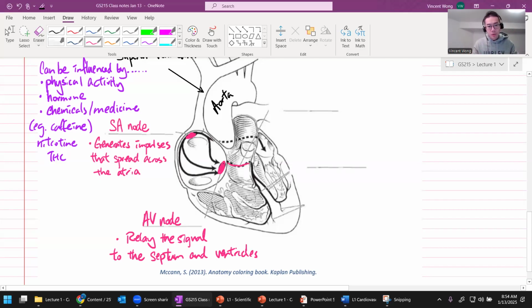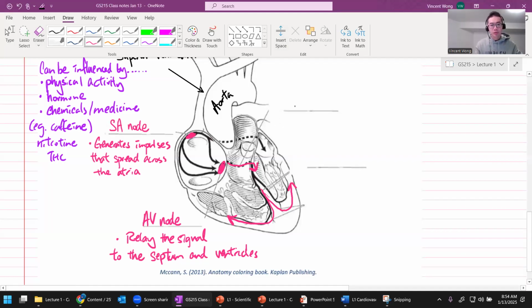And then the signal is going to go across like this, and then it's going to go down the septum. You remember the septum is the wall that separates the two halves of the heart, and it's going to go down here and basically come back up. This is not blood that I'm drawing, okay? This is the electrical signal spreading across. And so these things have different names along the way.